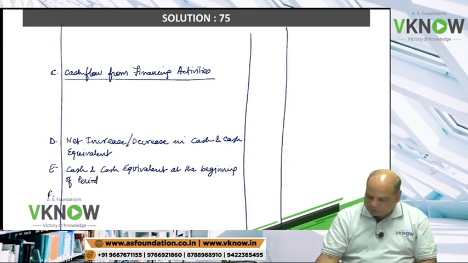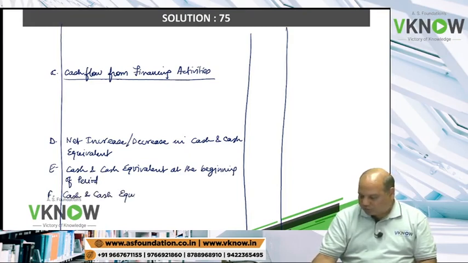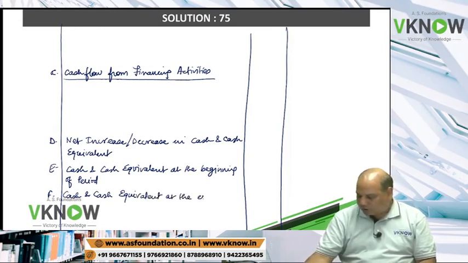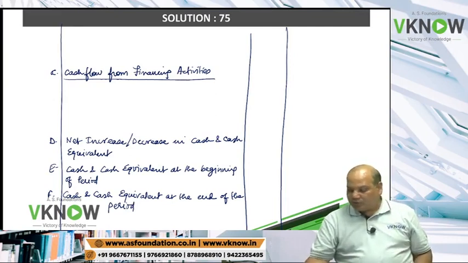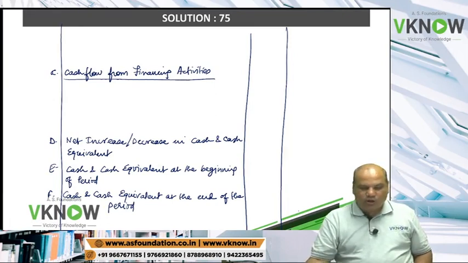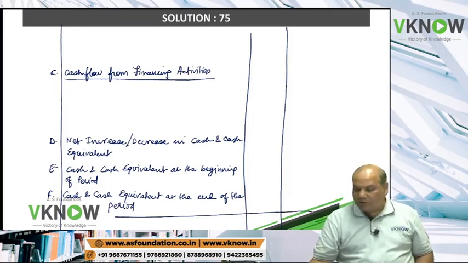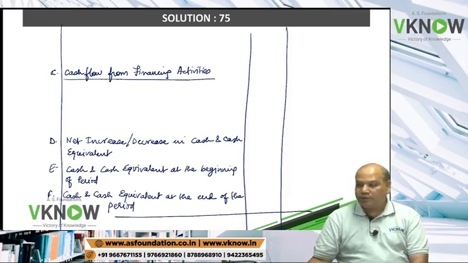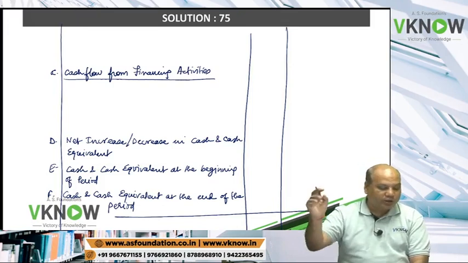And F, cash and cash equivalent at the end of the period. So this way you have to first draw the format. In the exam, keep more space so that you can write comfortably; otherwise you will have a problem in presentation. Is the format ready? No working note required. You only have to put the correct item under the correct heading.